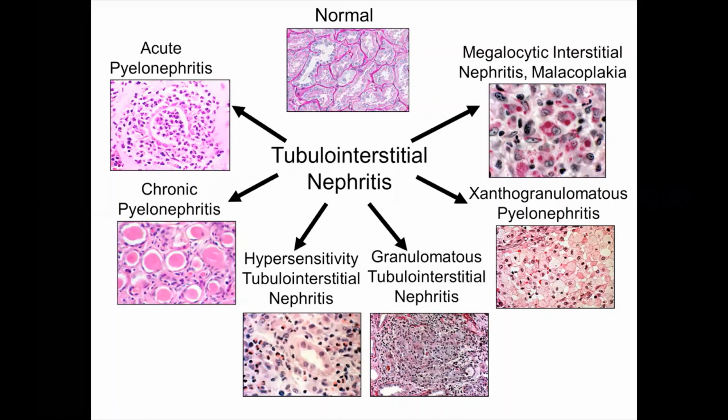Most commonly in reaction to drugs. Especially, for example, you get a history of a patient who is maybe a bit elderly and taking multiple medications, and they changed his medication.